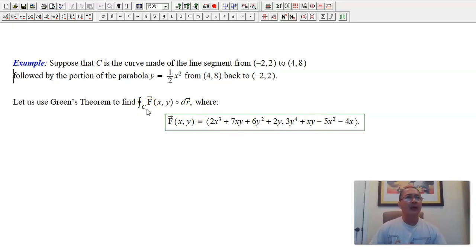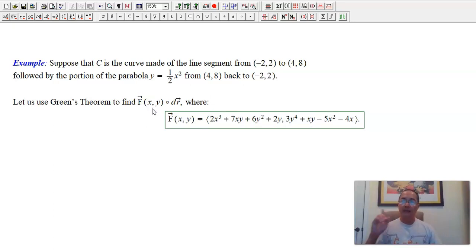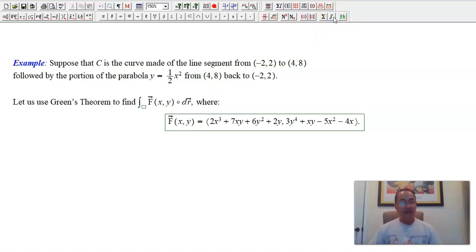Oh, I'm sorry. My bad. Let me fix that, because let me just write it this way, the old way. Do we know if this curve is positively or negatively oriented?